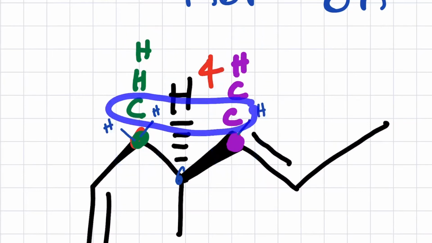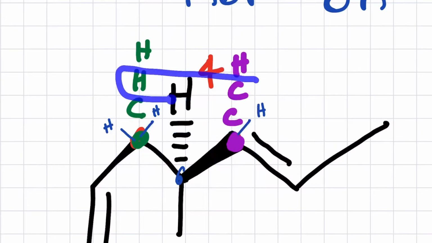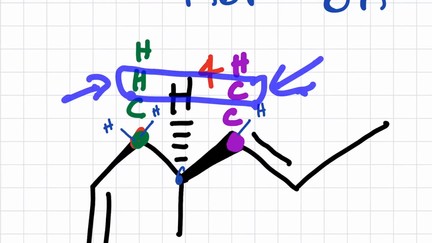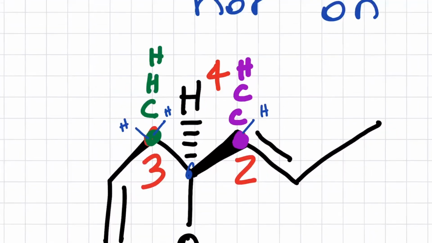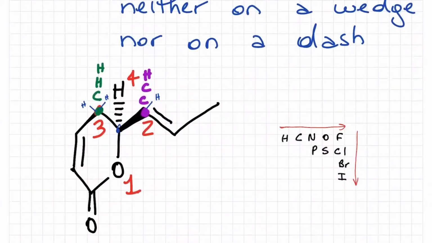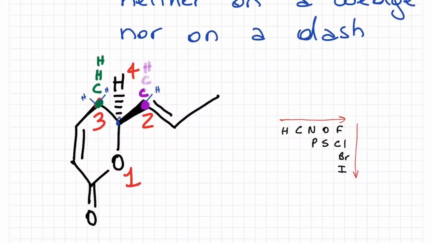Carbon here, we didn't break the tie, but look at this. At this location, the purple carbon has the higher priority because the second group it is attached to is a carbon as opposed to a hydrogen for the green carbon. So this group here will have the second priority and the green one will have the third priority. All right, now that we have all the priorities, let's clean it up a little to do our motion and compare.